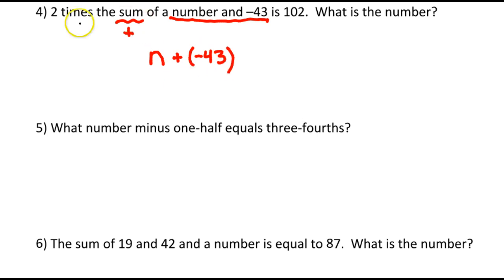But how do we deal with this 2 times? It's 2 times this whole thing. Meaning it's 2 times n and 2 times the negative 43. So how can we make sure that both get multiplied by 2? Distributive, which means we need to add parentheses.